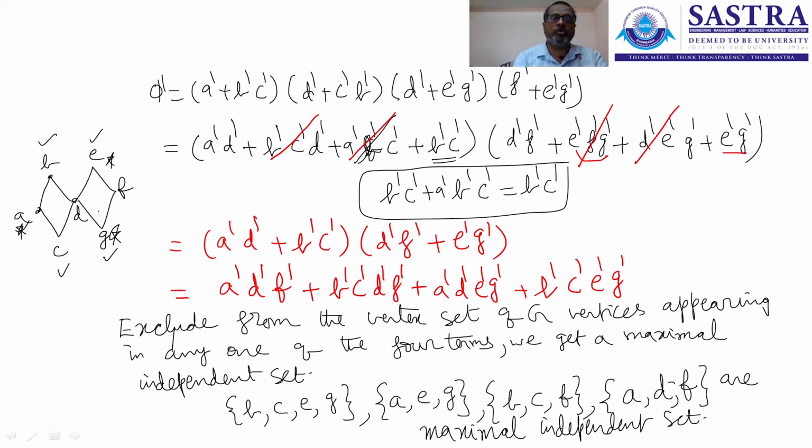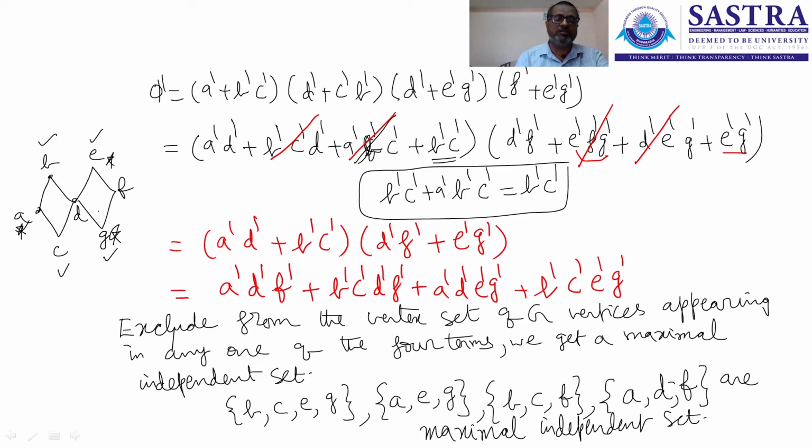By argument phi has to be 0, phi dash has to be 1. If phi dash has to be 1, then at least one term in the complement should be non-zero. So I have to exclude that vertex appearing in the term so that I get a maximal independent set.